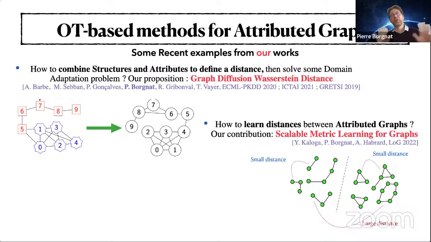So after this introduction, trying to convince you that there are things that we can do using optimal transport, now we can also combine that with the insight that we have from graph signal processing, the fact that we know how to manipulate signals on the graph, and that we can do that to solve several questions.